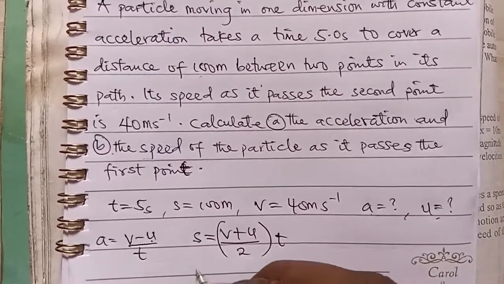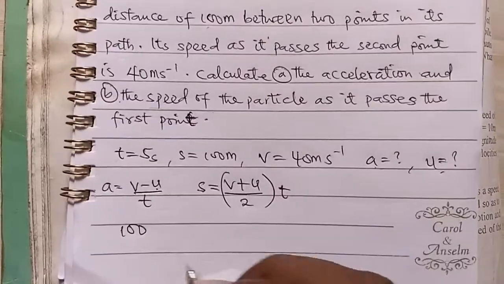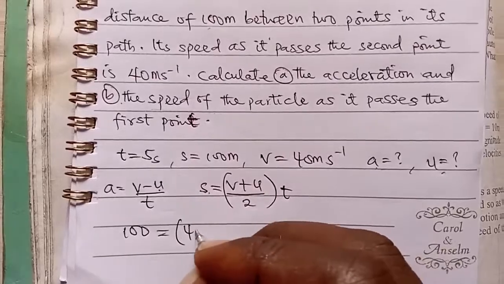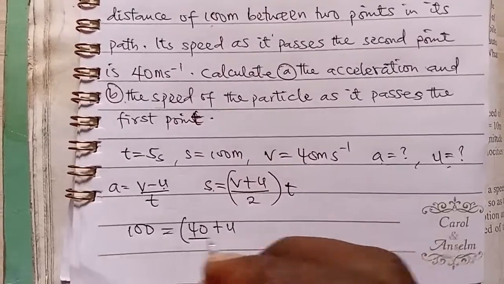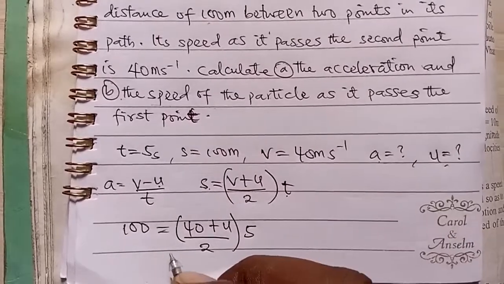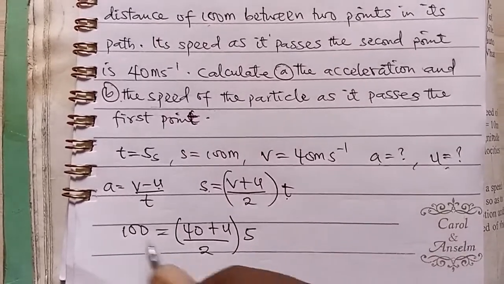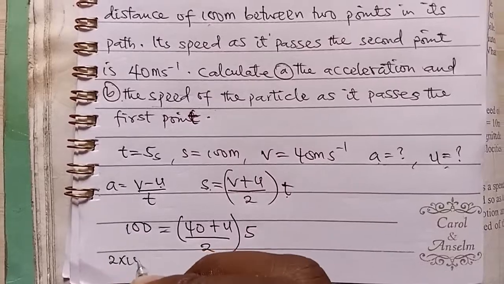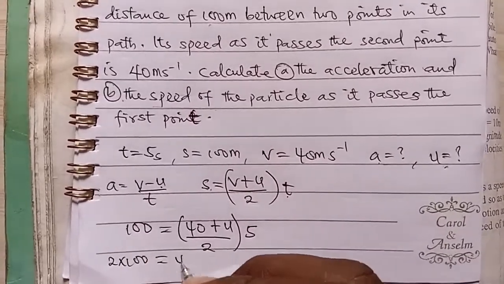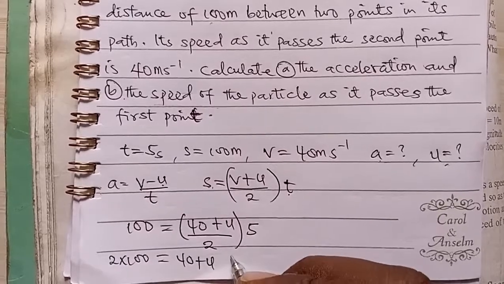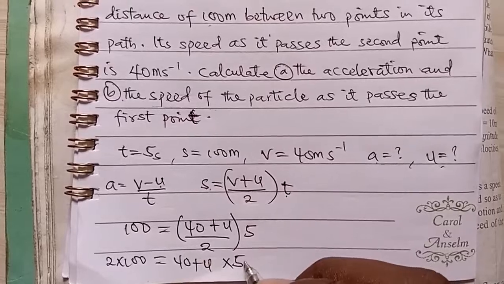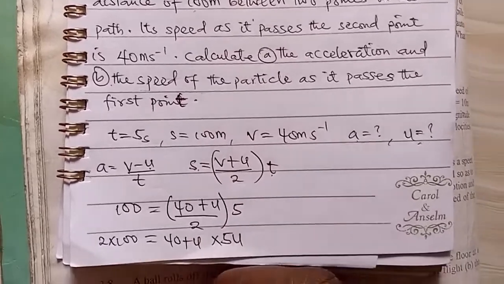So 100 is equal to 40 plus u over 2 times t, which is 5. If we cross multiply, 2 times 100 is equal to 40 plus u times 5, because this 5 is multiplying everything inside the bracket.